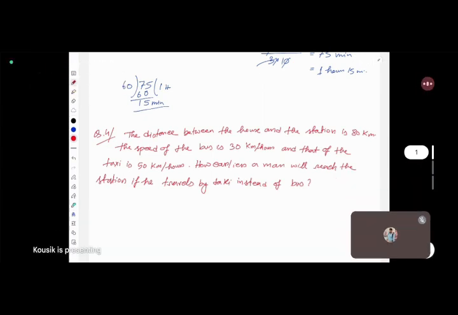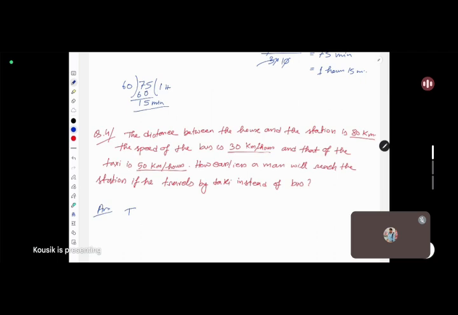Okay. This is also a unitary method. The two speeds are given. The station is 80 km away, so you have to find the time. Here we apply the formula, because otherwise it will be so long. The unit is the same here, kilometer, and there also kilometer, and here kilometer per hour.